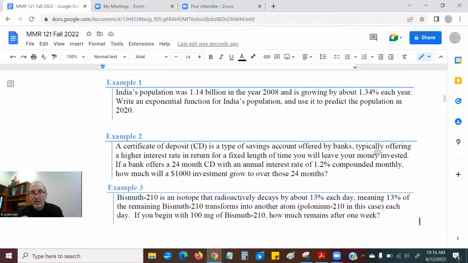If you begin with 100 milligrams of bismuth 210, how much remains after 1 week? So first we need to establish the equation, and then the next thing we're going to do is plug in to find out how much it's going to be after 1 week.